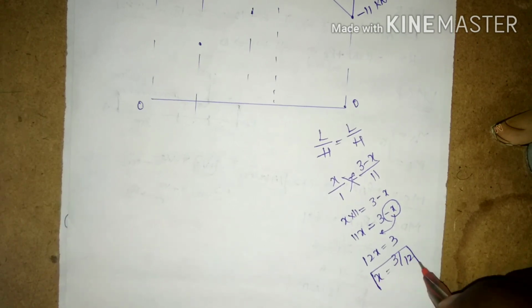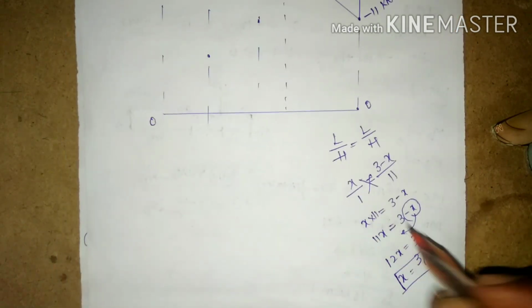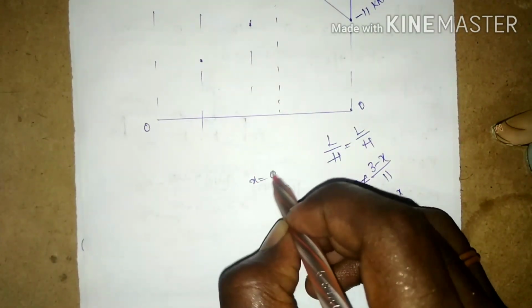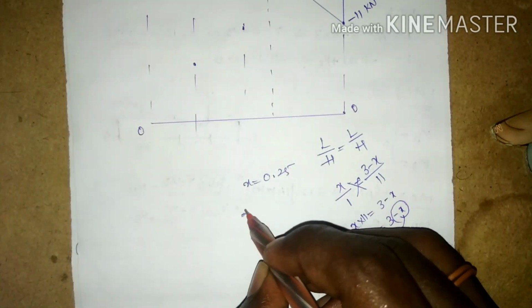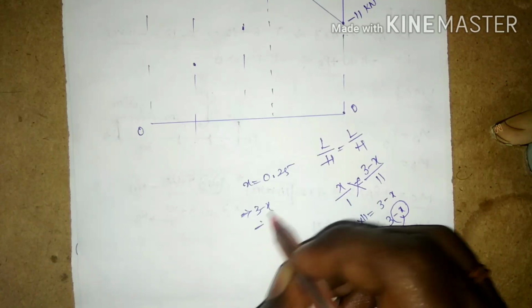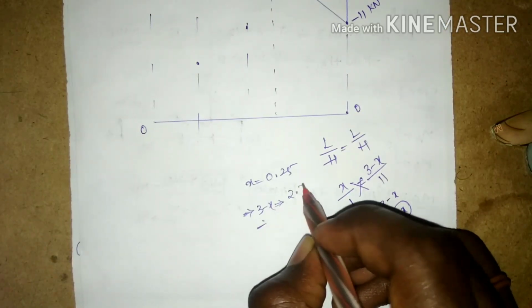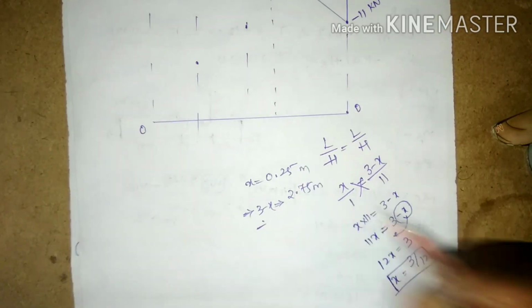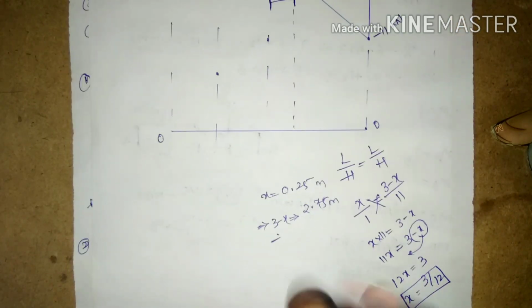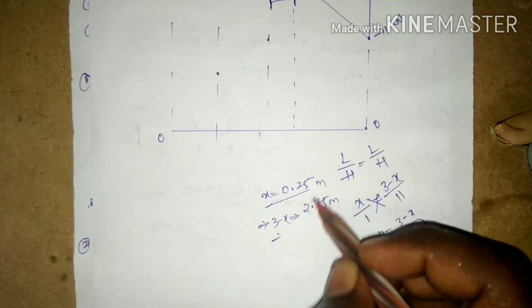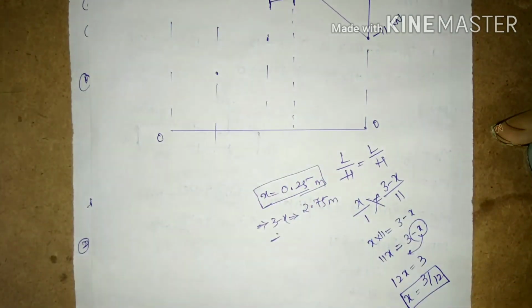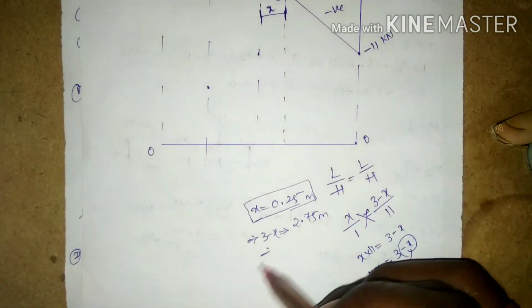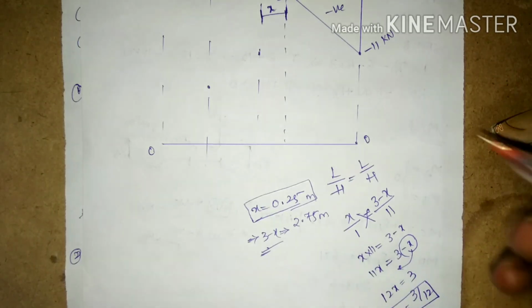After this calculation, the value of x will be 0.25. Then what is the remaining value? It will be 3 minus x is equal to 2.75 meters. And next, we have found that the value of x is equal to 0.25, and thereafter 3 minus x is 2.75.